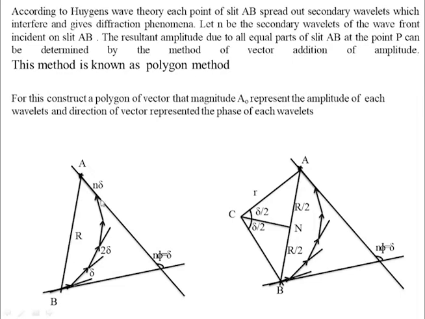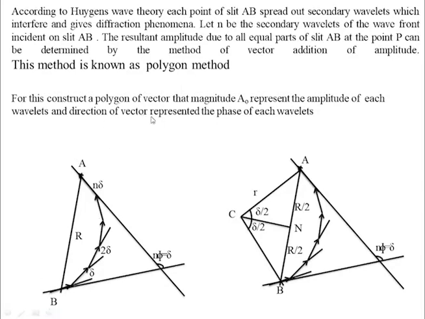The resultant amplitude due to all equal parts of this slit AB at the point P can be determined by the method of vector addition of amplitudes, also known as the polygon method. For this we construct a polygon of vectors having amplitude A0, which represents the amplitude of each wavelet emanating from the slit AB.